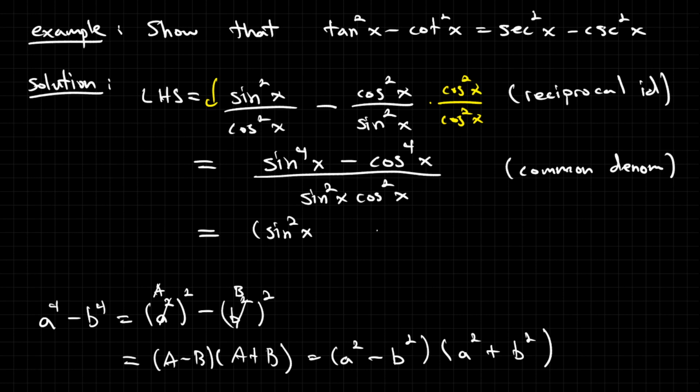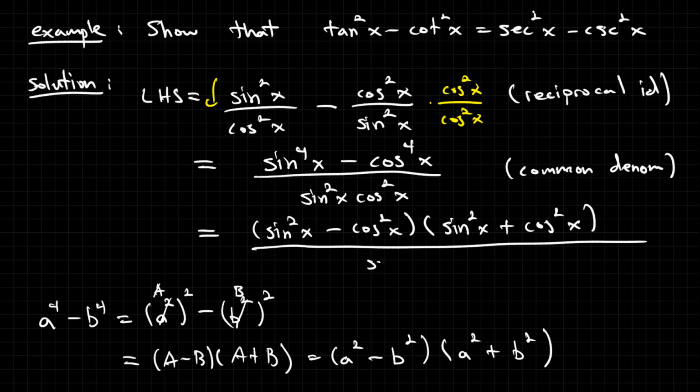So that's sine squared x minus cosine squared x times sine squared x plus cosine squared x, all divided by sine squared x cosine squared x. And you could go ahead and check this step. If you FOILed this out in the numerator, you would get sine to the fourth x, that's this term here. Then you'd get minus cosine squared x sine squared x plus cosine squared x sine squared x. Those would cancel. And then finally you get minus cosine to the fourth x, which is exactly what this numerator is over here.